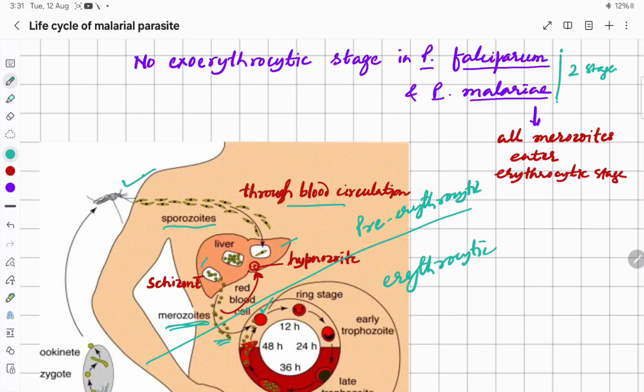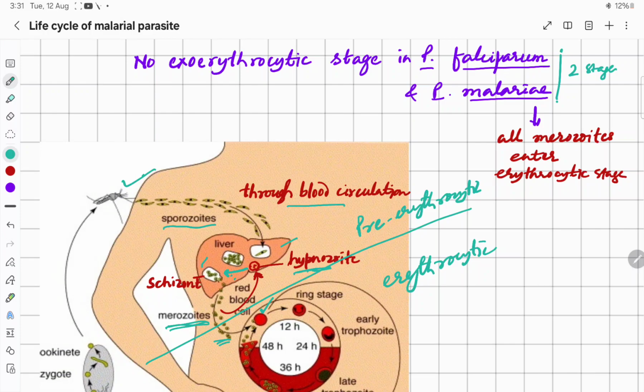Some of them can re-attack the liver cells and can stay there as hypnozoites. Hypno means the sleeping form. So the sleeping forms of the parasite, or the dormant forms, called hypnozoites, remain there inside the liver cells, and maybe after months they will again be converted to schizonts and release the merozoites.